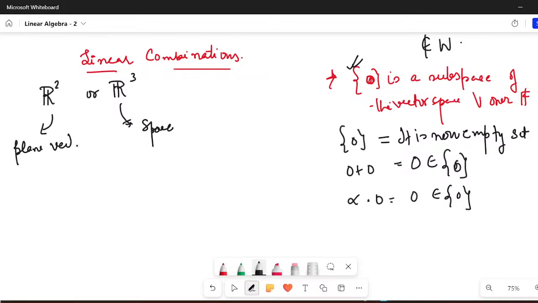In both of these spaces, you give me any vector and I can always write it in the xy plane in terms of i cap and j cap, and in 3-dimensional space in terms of i cap, j cap, and k cap, right?